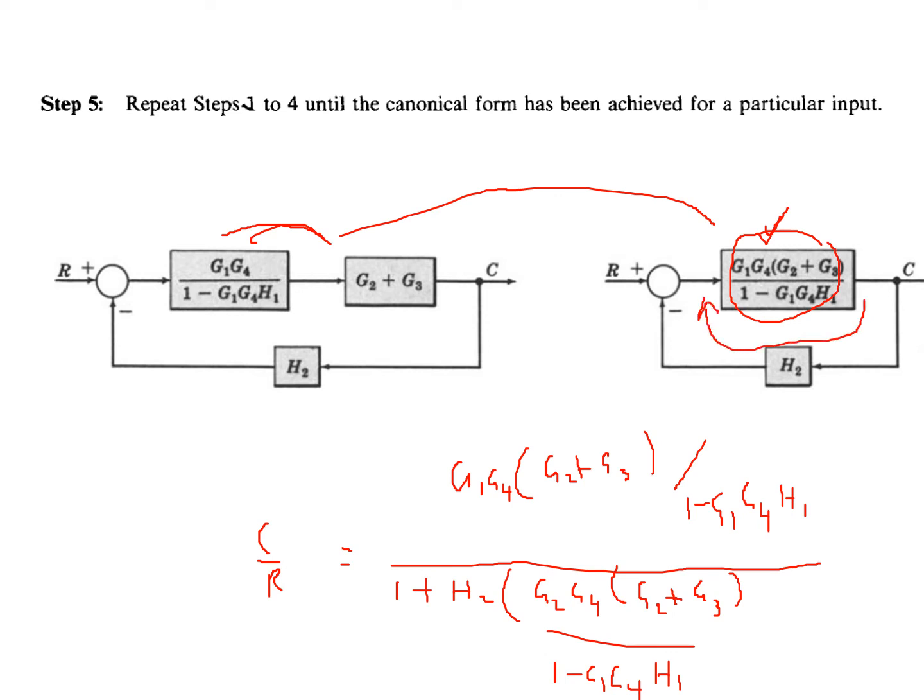So we replace this entire thing by using the elimination of feedback. Then we get C of S by R of S is this one. Okay, this is the canonical form of the given block diagram.